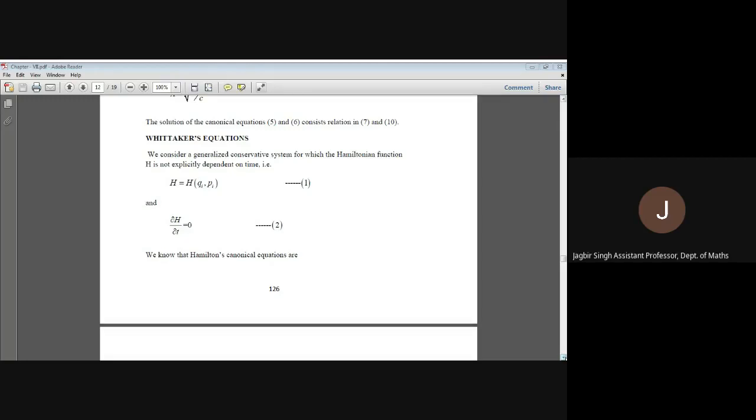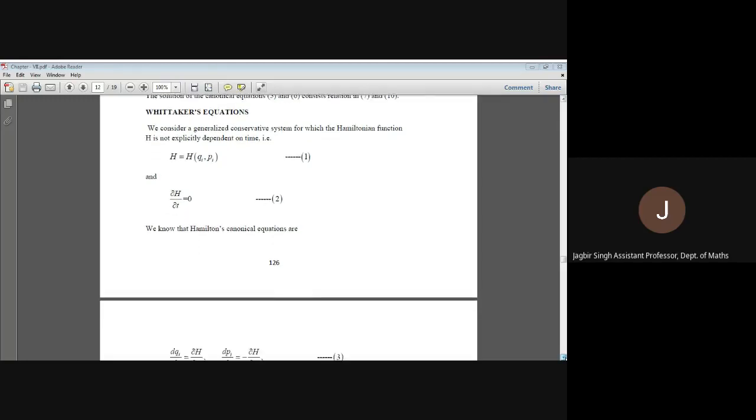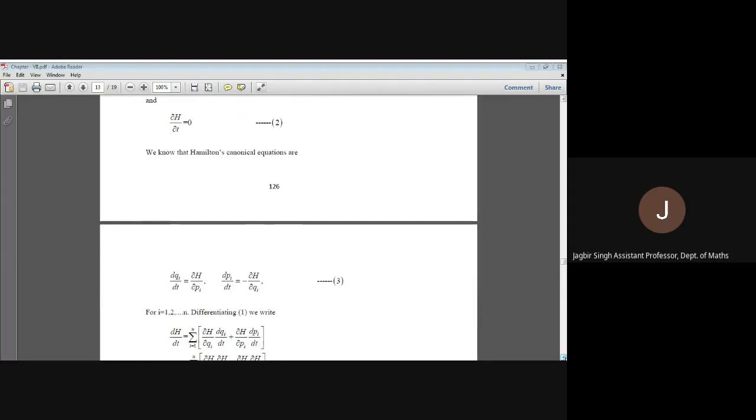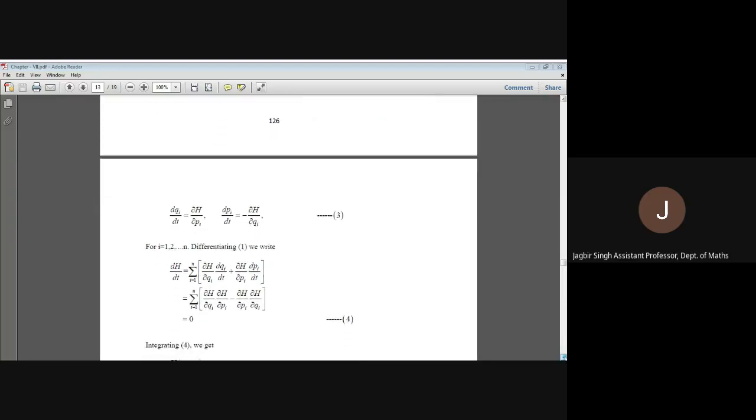But we know the Hamilton canonical equations are dqi by dt is equal to curly h by curly pi, and dpi by dt is equal to minus curly h by curly qi. Now the total derivative of h with respect to t, using the chain rule, is summation i from 1 to n of curly h by curly qi dqi by dt plus curly h by curly pi dpi by dt.